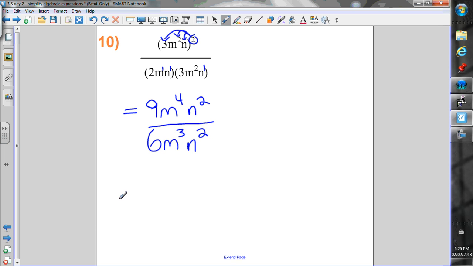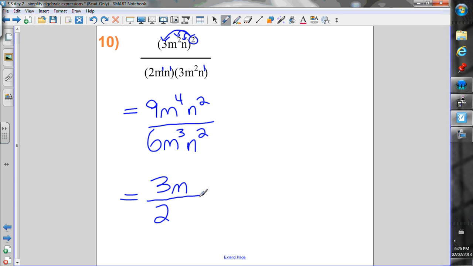Okay, now let's simplify this. So I have 9 over 6 in simplest form is 3 over 2, because 3 goes into 9 3 times, and it goes into 6 twice. m to the 4 divided by m to the 3, keep the base the same, and subtract the exponents. 4 minus 3 is 1.